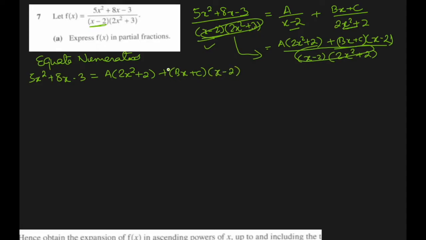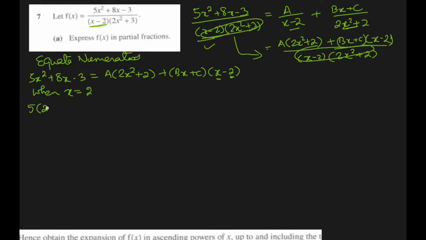Now the first effort should always be to make one of the brackets equal to 0 so that our equation is simplified, by assuming a number opposite to the linear factor. This is x minus 2, right? If I assume that x is 2, then 2 minus 2 will make this whole thing 0. That's what we should do first. So when x is 2, replace every x by 2.